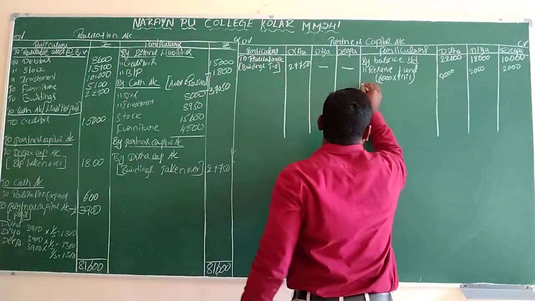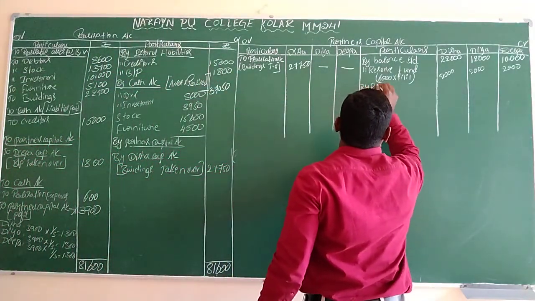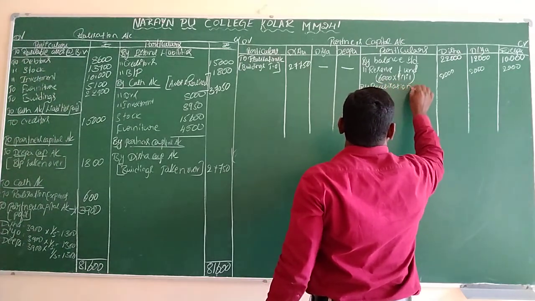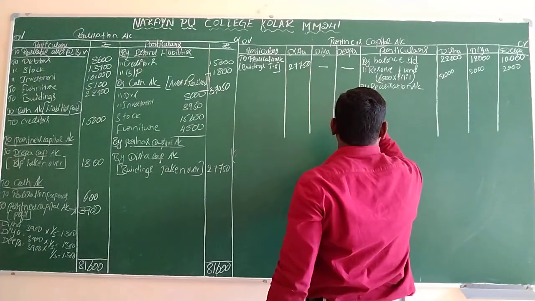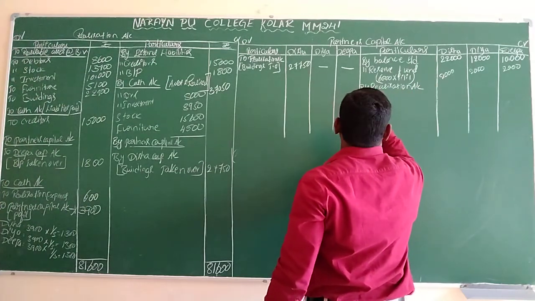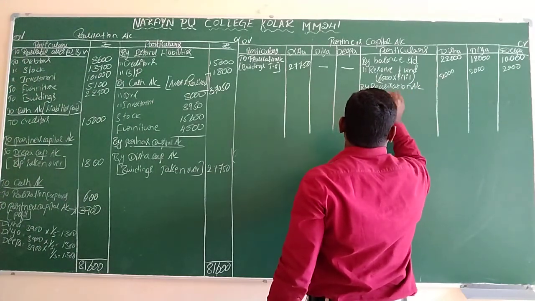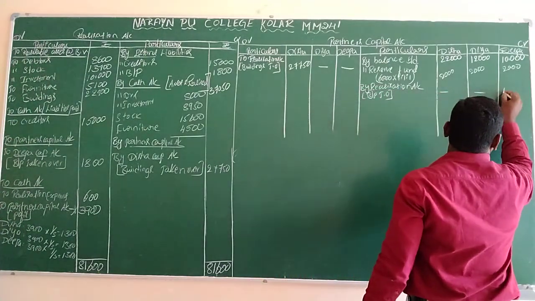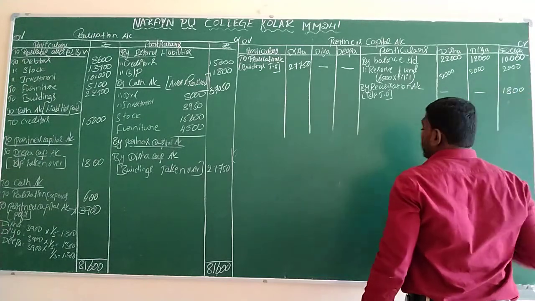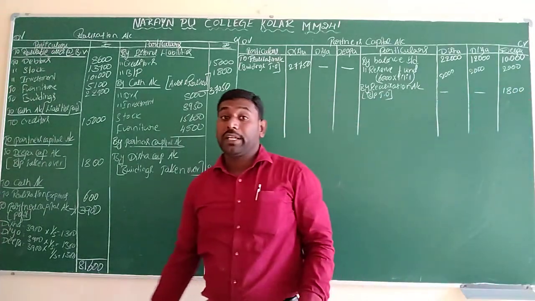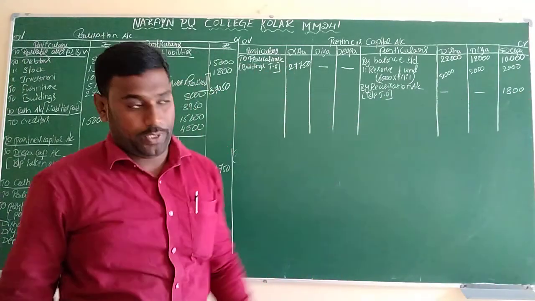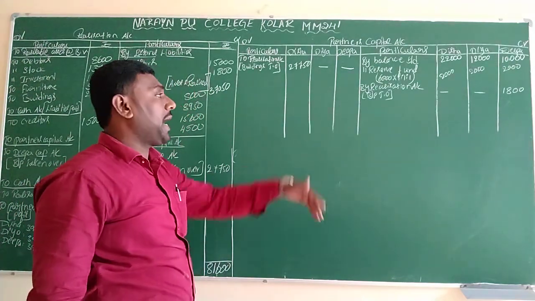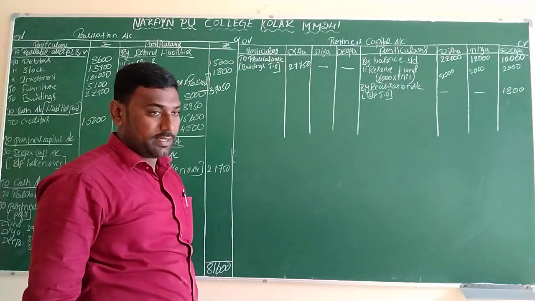So we will write by realization account, in bracket, bills payable taken over. Who has taken over the bills payable? Deepa. So we directly credit the value to Deepa's account. It is a liability, so it will be added to the capital balances.